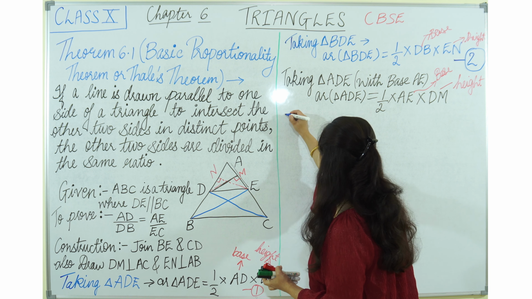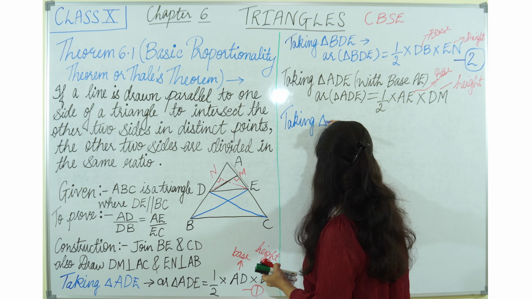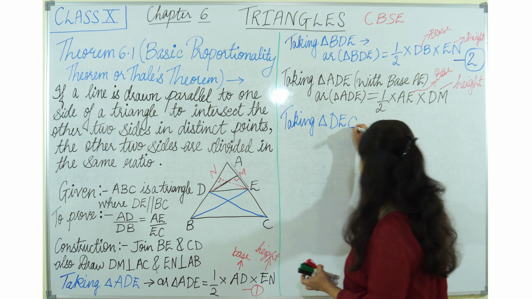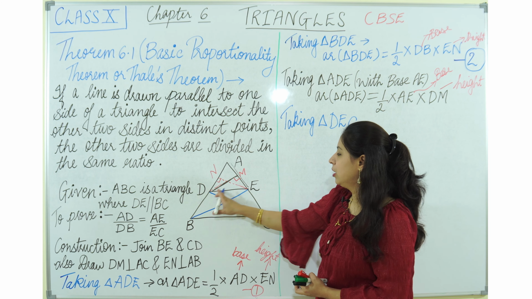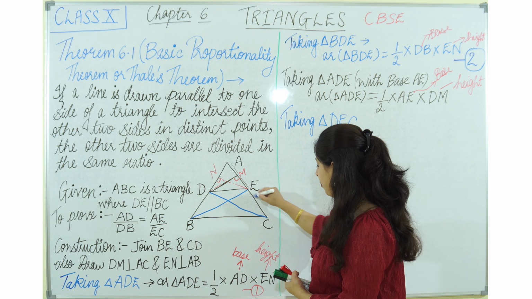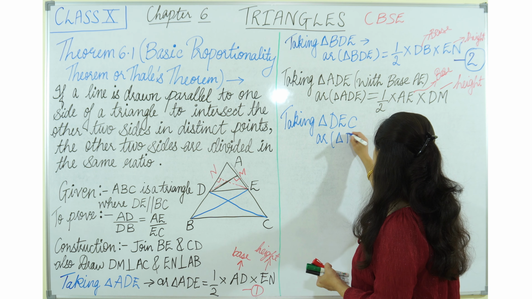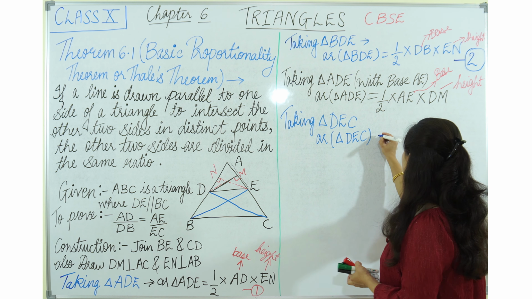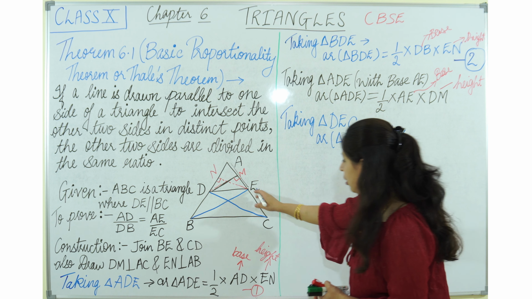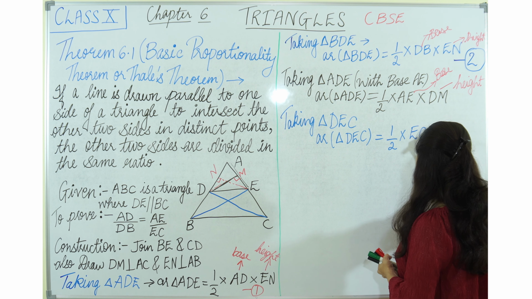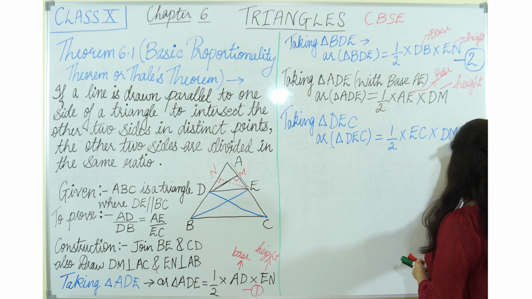Taking triangle DEC, we are having the external height to be DM and the base to be EC. So the area of triangle DEC will be equal to half, base EC, and the external height DM.